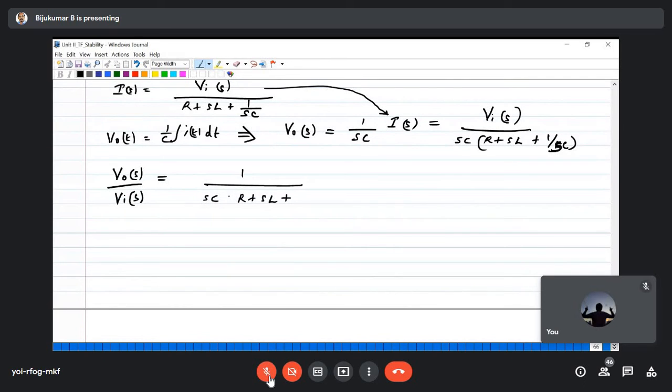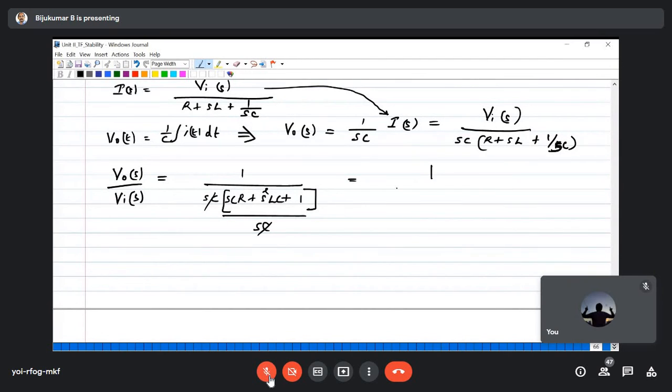It becomes SCR plus S squared LC plus 1, divided by SC. So this will cancel.